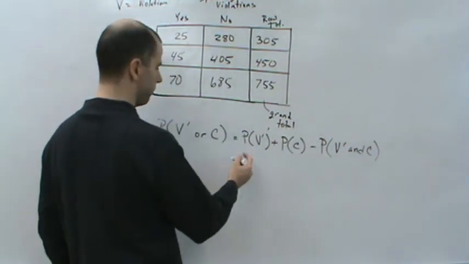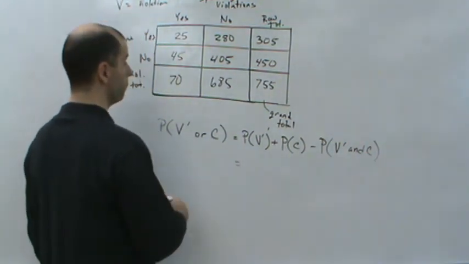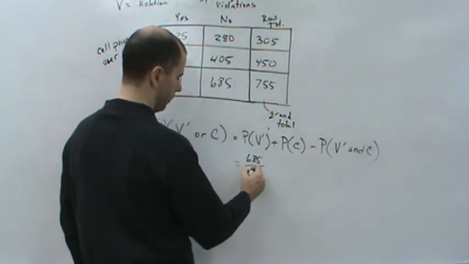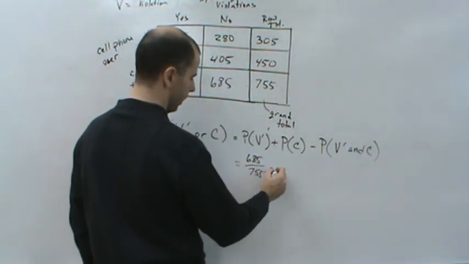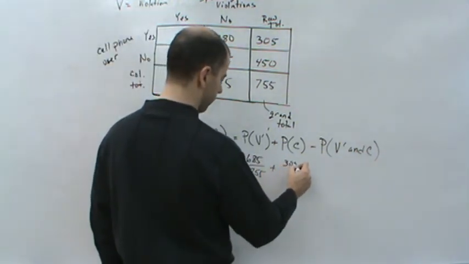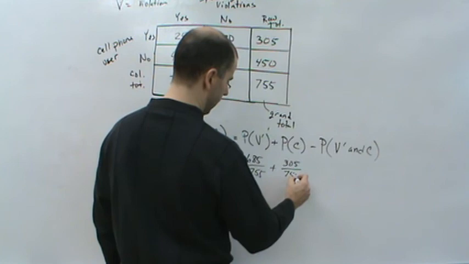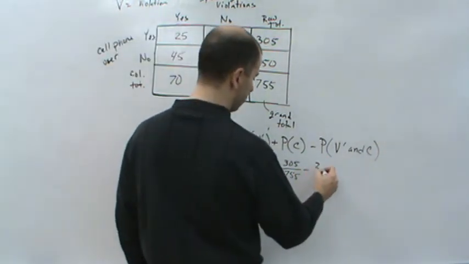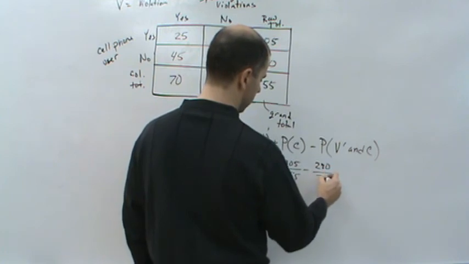So the probability of not V is going to be 685 over 755, plus the probability of being a cell phone user, which is 305 over 755, minus the probability of both, which we found to be 280 over 755.